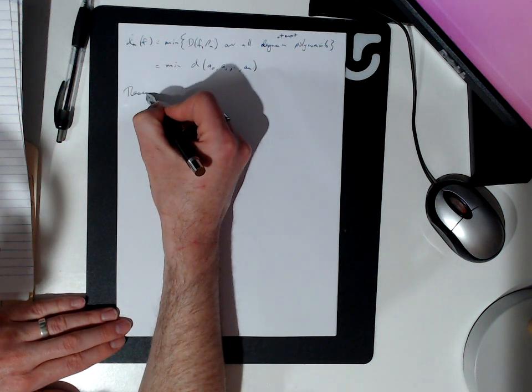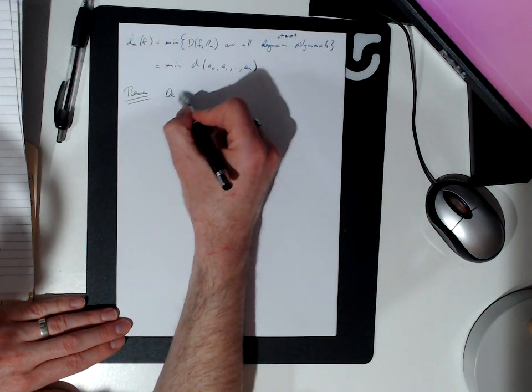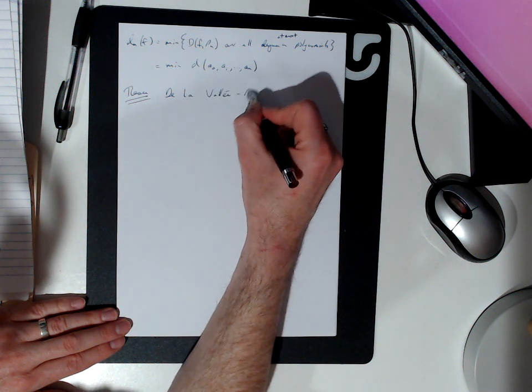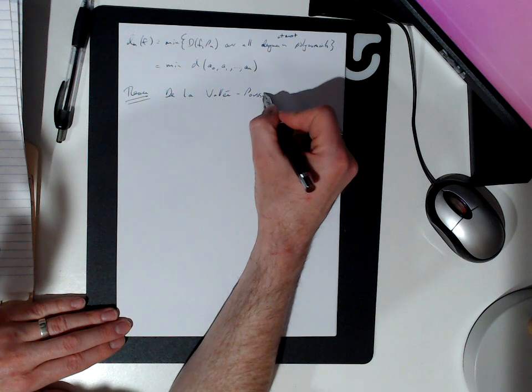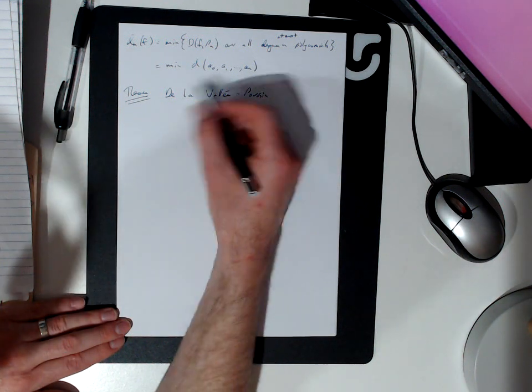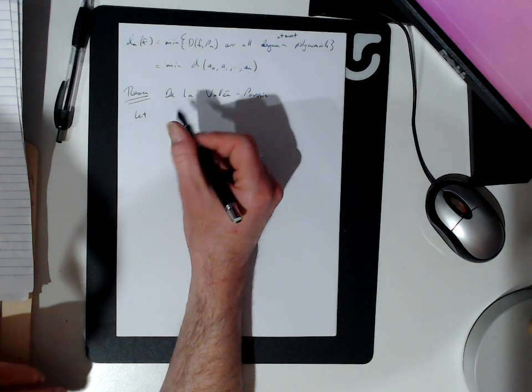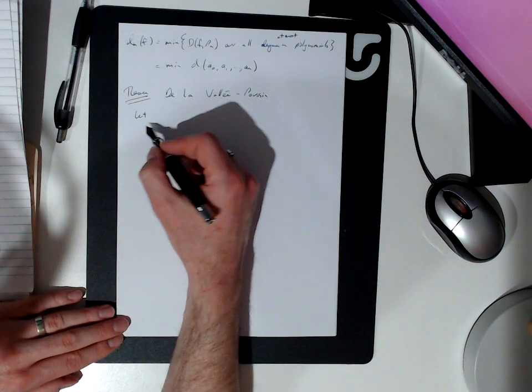Now, a nice little theorem. This is by de la Vallée Poussin, maybe. I'm not sure how to pronounce it. Anyway, this is an important theorem because it tells us something about how we find information about deviations.